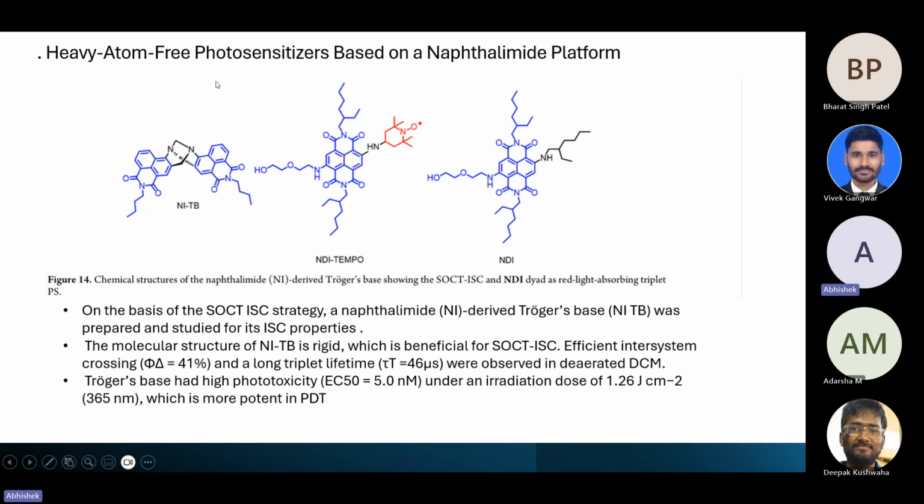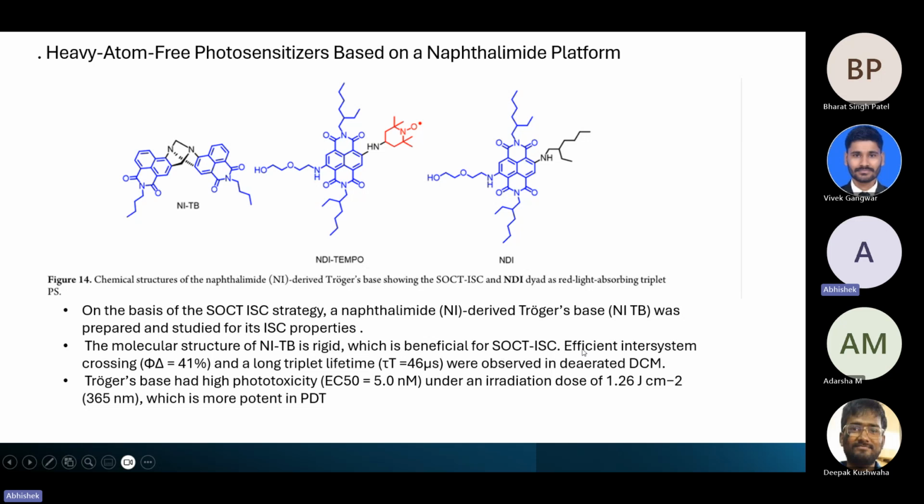And in this slide, heavy atom-free photosensitizers based on the naphthalamide platform. There are three naphthalamide derivatives. On the basis of the spin orbit charge transfer ISC strategy, a naphthalamide derived Trojan base was prepared and studied for ISC properties. The molecular structure of the naphthalamide Trojan base is rigid, which is beneficial for spin orbit coupling.